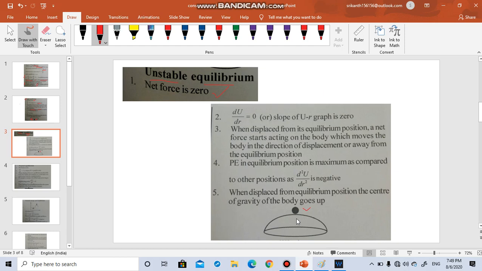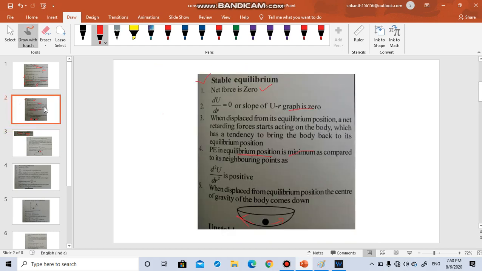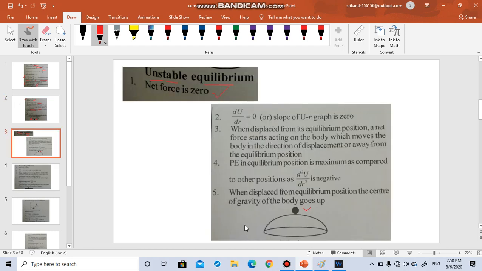So we say that it is unstable equilibrium. Compare this with the previous one. There, whatever you do, it will finally come back to this point. But here the situation is not like that. A little bit of force and it is gone from that place. So it is in equilibrium only at that particular instant of time, and that is why it is unstable equilibrium.